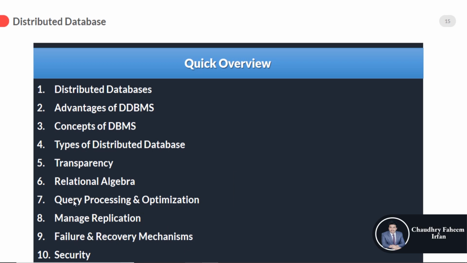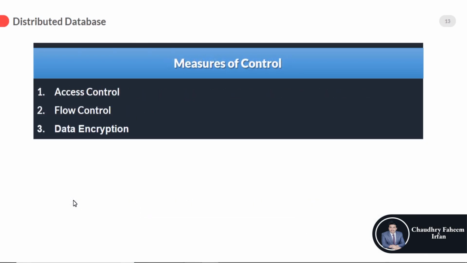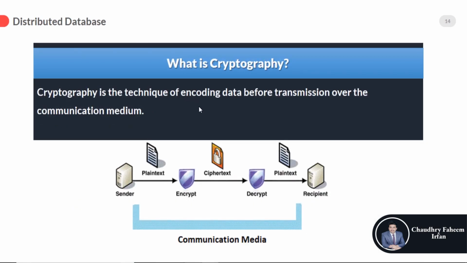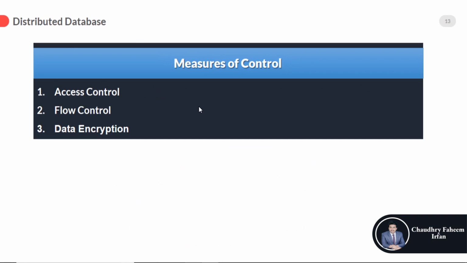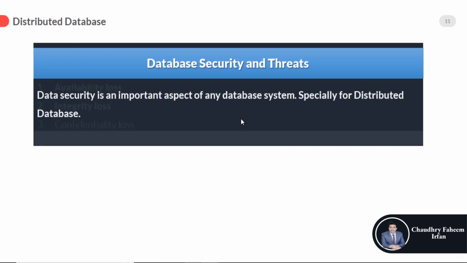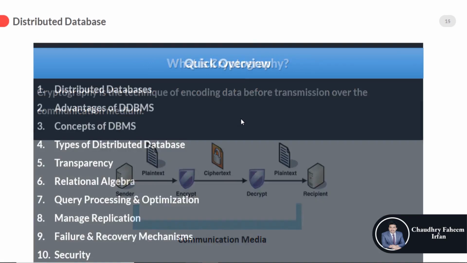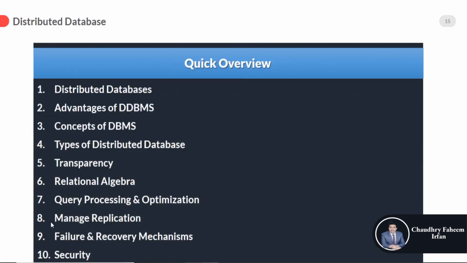And the last one is the recent topic, that was security, about security and what is cryptography. These are our topics in security: threats in database security and threats in security. So security is a very important component in distributed database.